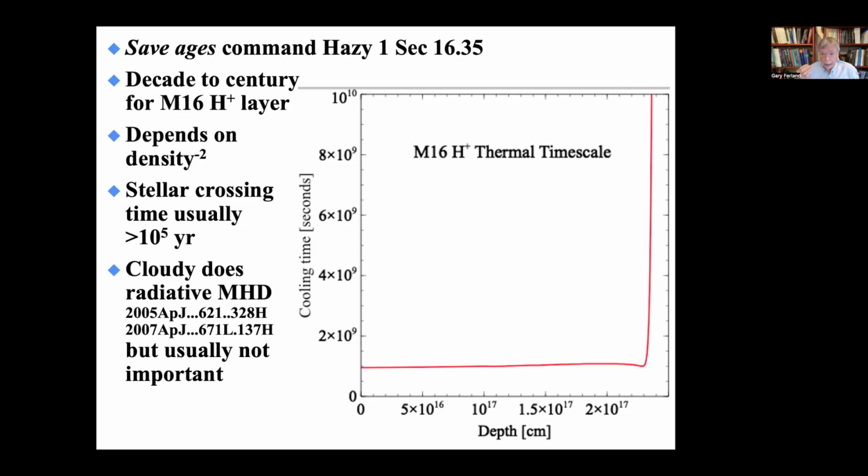In the work I've done, it's been very challenging trying to find a crossing time because O stars have poorly determined velocities because of their line width. But generally, the crossing time in the cases I've worked on has been much longer than decades, usually longer than 100,000 years. If you want to do time-dependent MHD, Cloudy will do it.